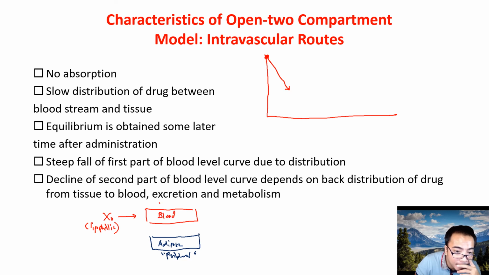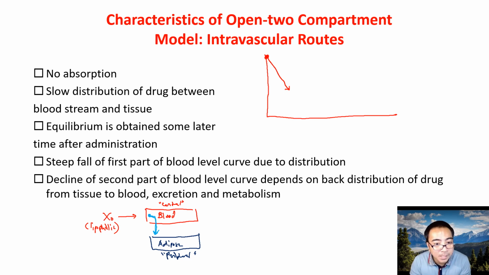Blood, which is central. Okay? So, dahil lipophilic yung gamot natin, pagkapunta niya sa blood, kadalasan, sesegue siya papunta sa adipose. Bakit siya sumegue papuntang adipose? Kasi ang affinity niya is towards the adipose tissues, right? Okay, so from the blood, bigla siyang bumaba papunta sa adipose tissues.